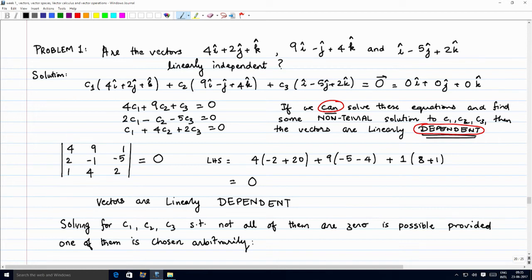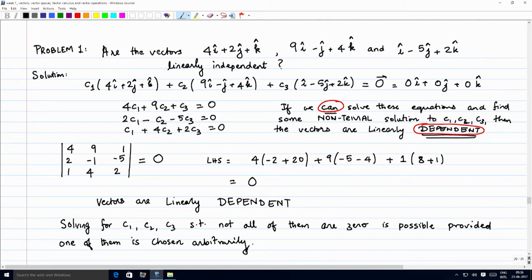So, in other words, when you say that these vectors are linearly dependent, that means these equations are not independent of each other. So, effectively you only have 2 equations and 3 unknowns. So, one of the constants can be chosen arbitrarily.